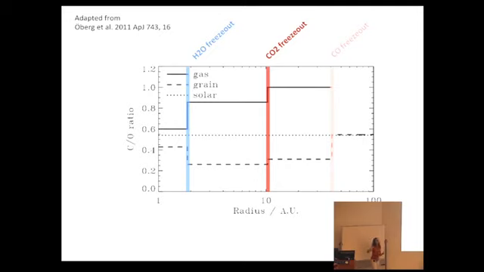The idea is that as you move away from the host star, you have a gradient in the chemistry, and you get water freezing out here, and the gas becoming preferentially carbon-rich because all the oxygen has frozen out in water. So if you have a carbon-rich hot Jupiter atmosphere, that suggests perhaps that it formed beyond the water ice line where the gas is carbon-rich, and as it accreted a lot of that gas, you ended up with more carbon in the atmosphere than you would expect relative to the composition of the host star.